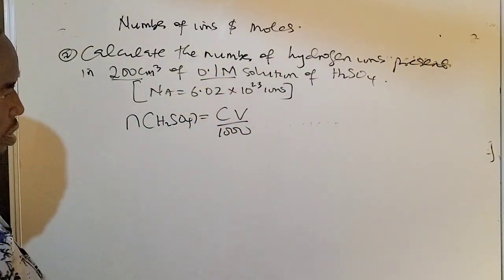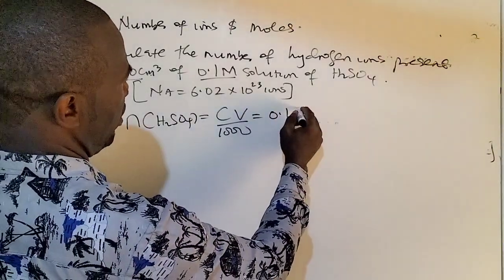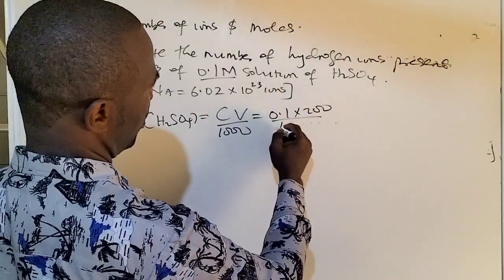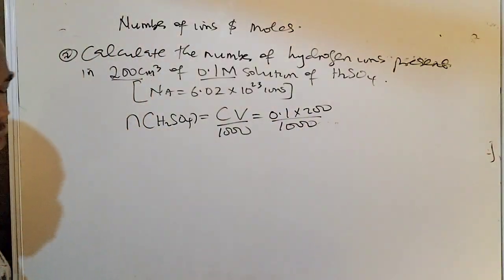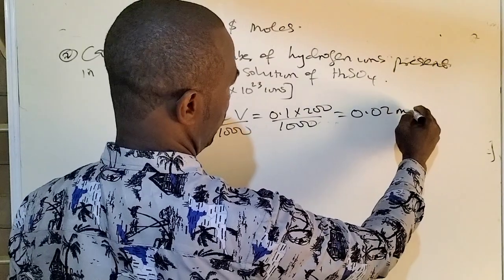That's why you have 1000 there. That gives us 0.1 times 200 all over 1000. When we solve this, our number of moles becomes 0.02 moles of the acid.